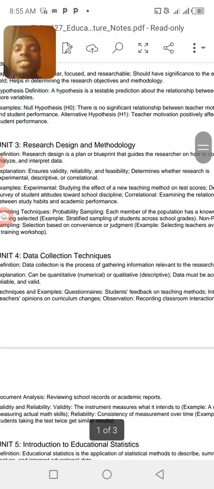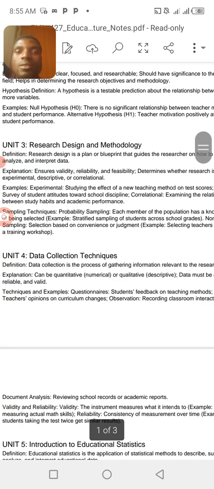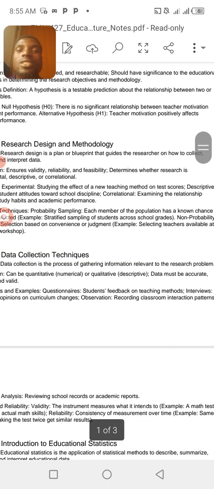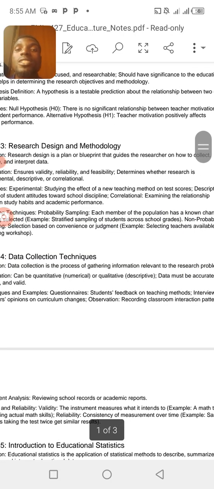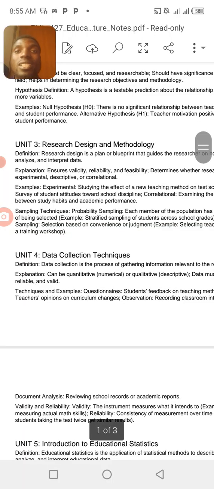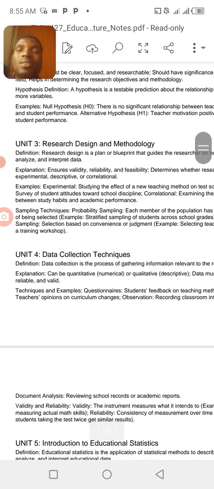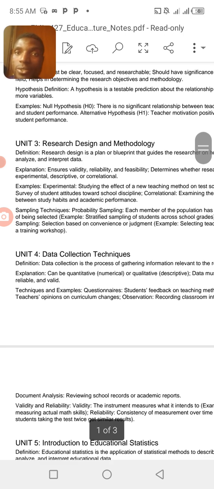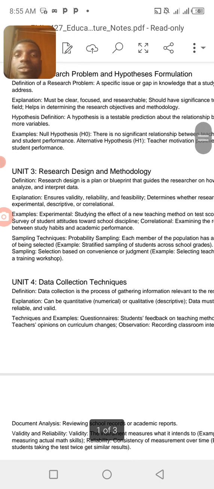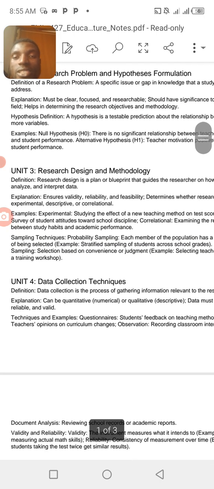Now, alternative hypothesis, which is denoted as H1, shows that teacher motivation positively affects student performance. Can you see that? So the alternative hypothesis, you accept, while the null hypothesis, you reject. This is why you need to know about hypothesis formulation.